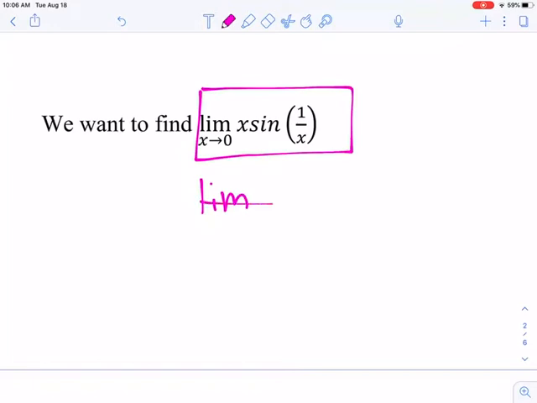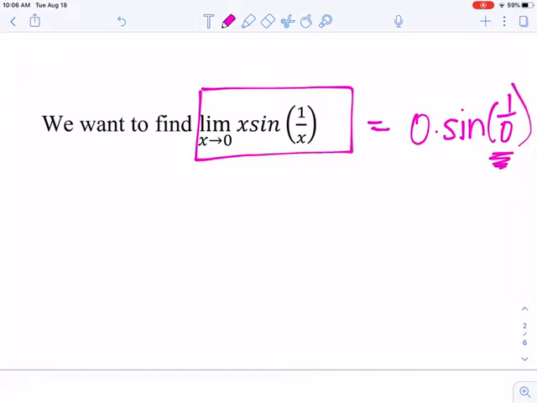So what happens when we actually plug in 0 to evaluate our limit? We have 0 times the sine of 1 over 0. I'm thinking this 1 over 0, that's not okay. So we really don't have a good way right now to evaluate that limit.